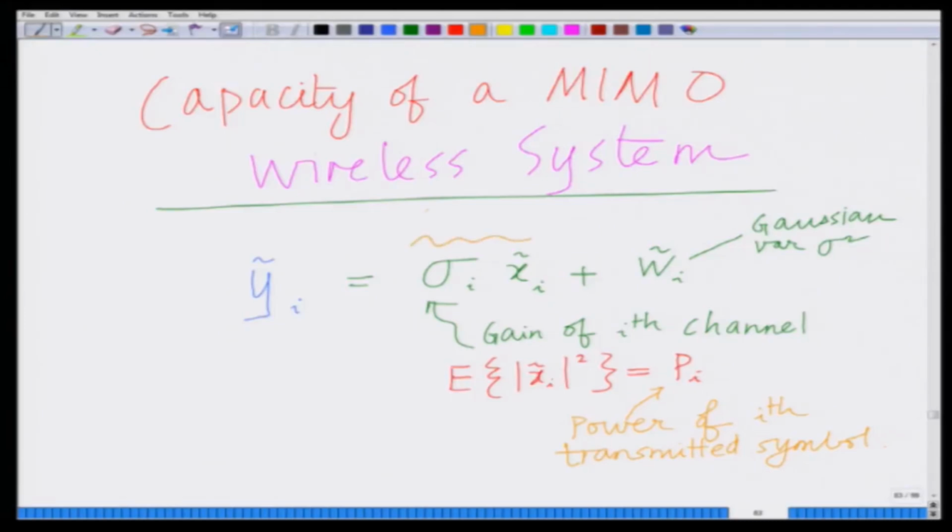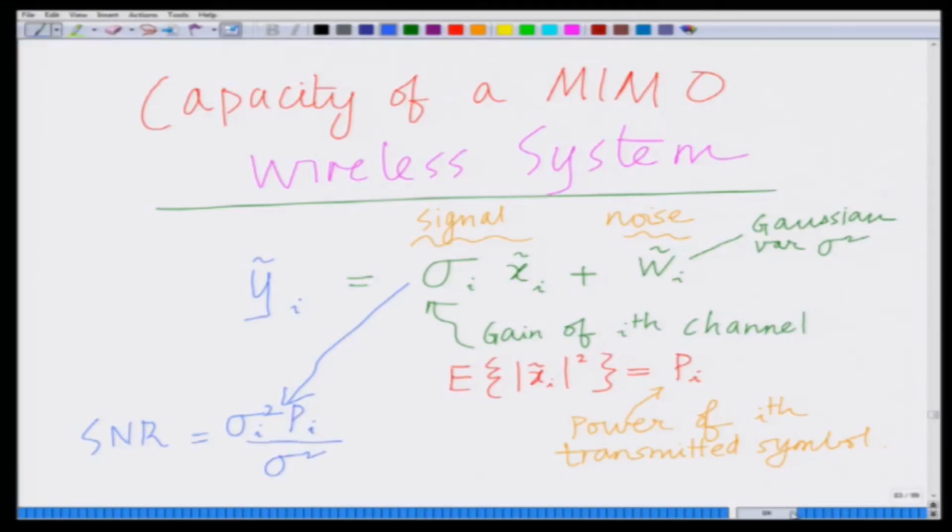Therefore, now you can see that this is the signal part and this is the noise part, and therefore the signal to noise power ratio, or what we call the SNR, is equal to sigma i square Pi divided by sigma square.